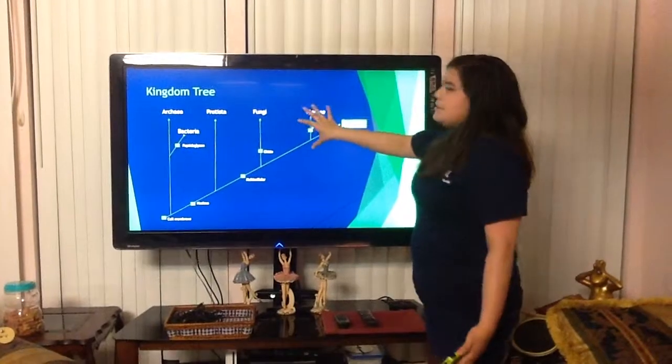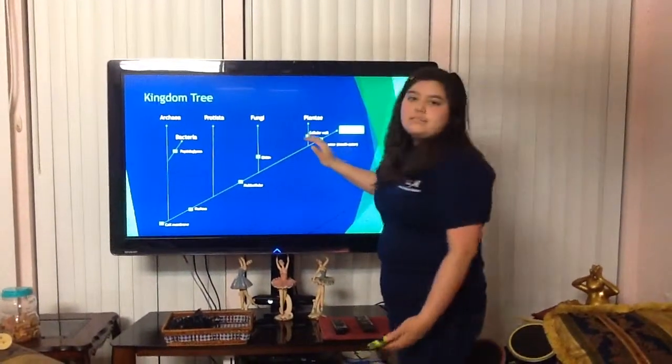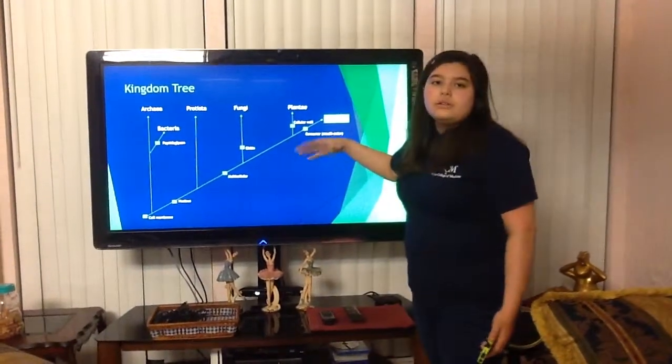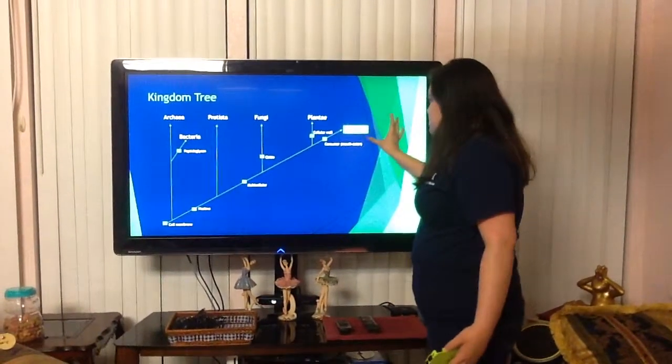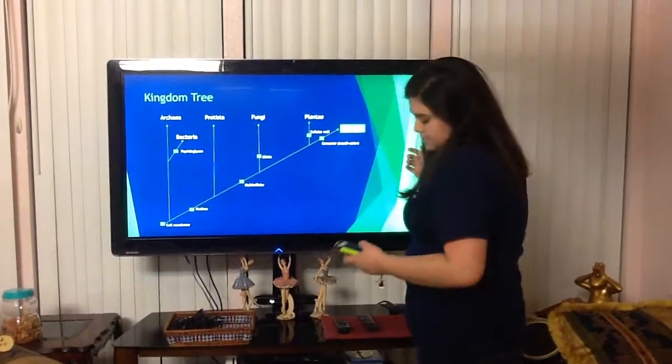And towards the end of the kingdom tree we have the plantae, which branches off as it is characterized by a cell wall. Following that we have consumers, which are characterized by being mouth eaters, which branches into Animalia, which is where the spadefoot toad falls.